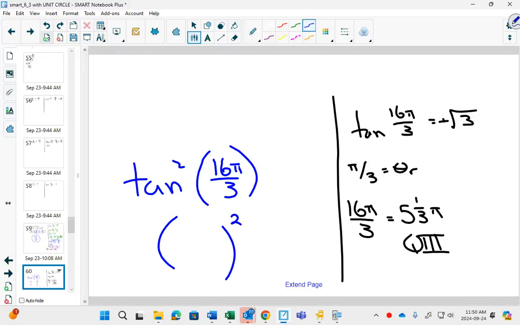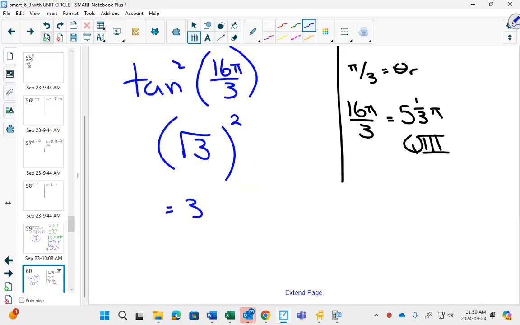So this will become just root 3 squared. And root 3 times root 3 is equal to 3. So in part 3 and part 4, it has some squared values. Basically, you just find it without the squared and square it afterwards. That's what tan squared means, or cos squared means. So if you had something like this, you would figure it out first, and then square it.